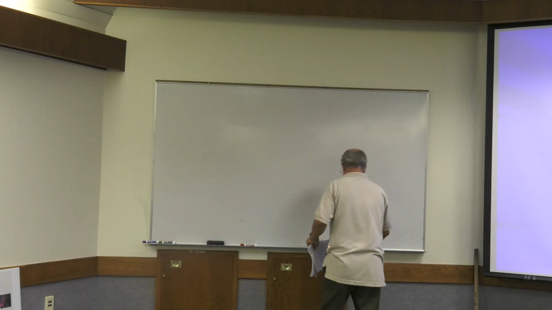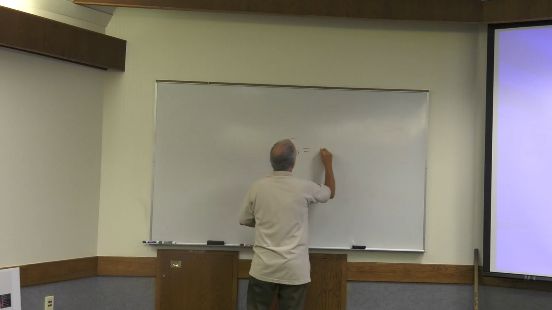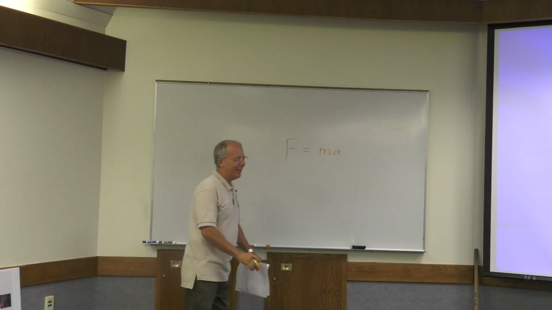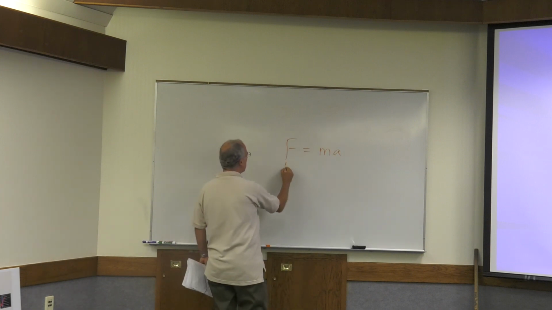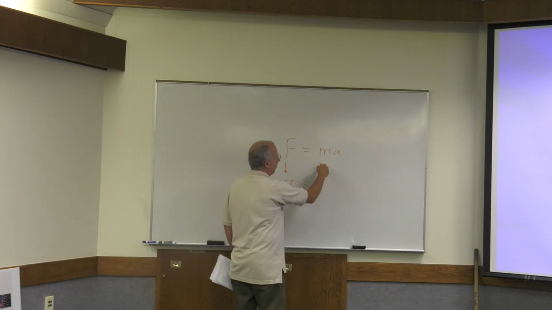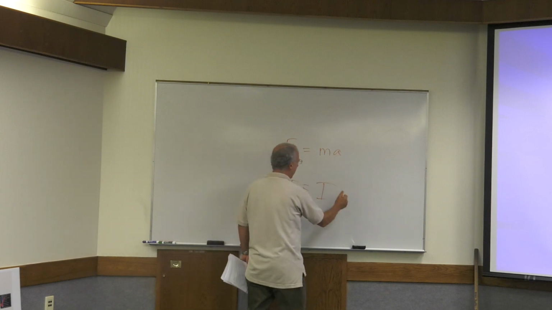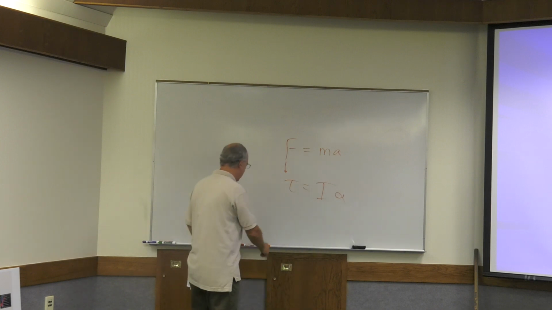Let's just do it the lazy way. F equals ma. This lazy way doesn't work all the time, by the way, but it does now. What's the rotational version of force? Torque. What's the rotational version of m? I, rotational inertia. What's the rotational version of a? Alpha. Ta-da! Done.